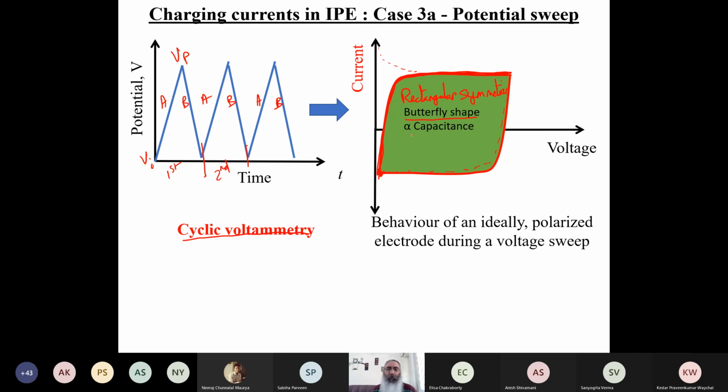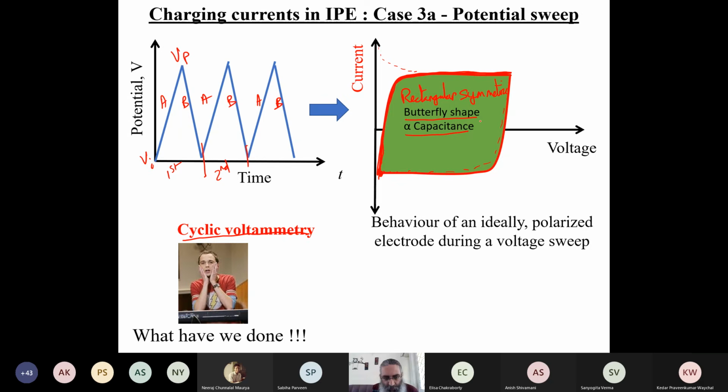This area under this curve is going to be proportional to the capacitance of the interface, the double layer capacitance. We already saw that each component is nu CD, so it is proportional to the capacitance of the interface.